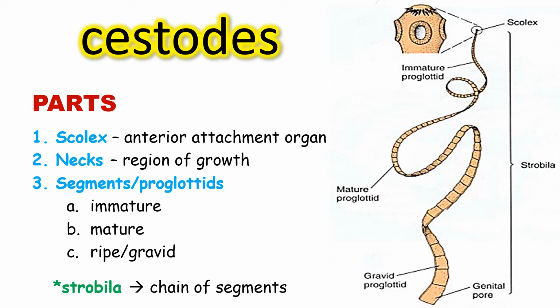For example, Echinococcus granulosus has only three proglottids, while another cestode may have up to 4,000 proglottids. By the way, proglottids collectively are known as your strobila. Here we have your strobila, right after the neck, down to the tip of the posterior tail.